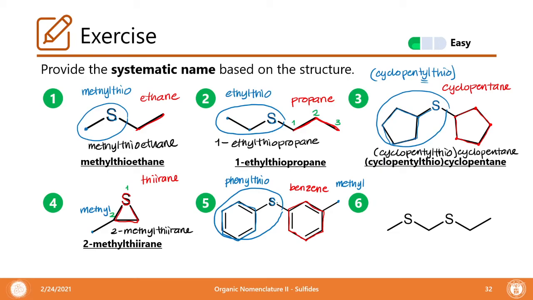LMNOP, we start with M. 1, 2, and then 3. So 1-methyl, 3 phenyl thio benzene.